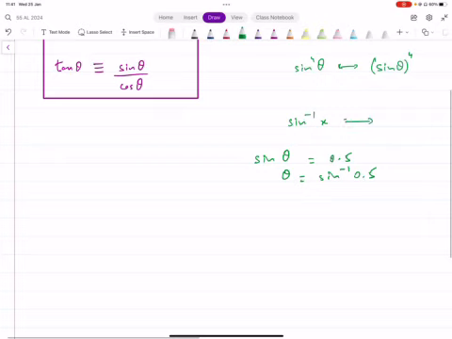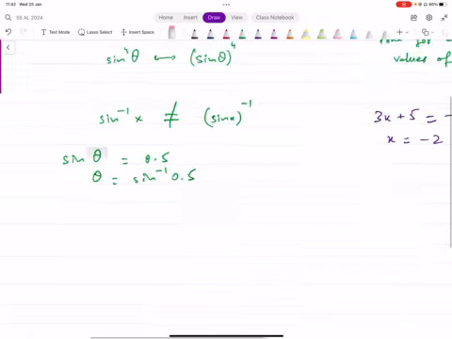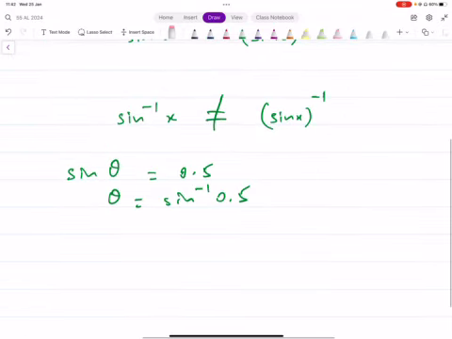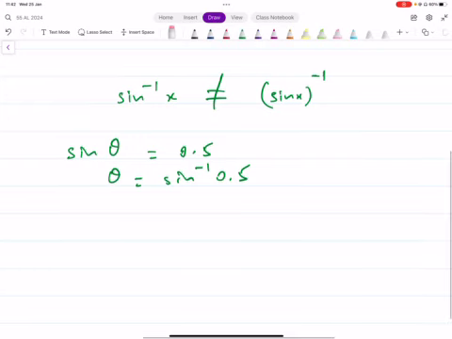This thing is a different function. It's a separate function. It's not sine x whole raised to power -1. These are two different things, so it's a bit confusing at the start. You should know this. Sine inverse of x and sine x whole raised to power -1 are not the same.